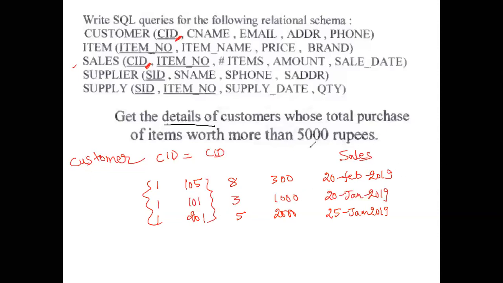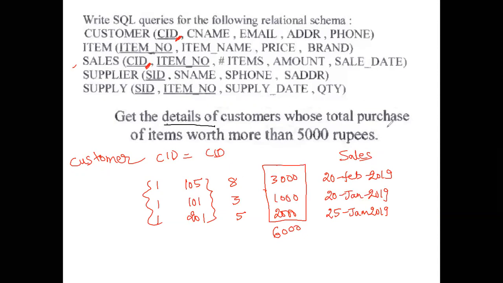So the date doesn't matter. Here, for the amount, what we have to do is sum all of it. So this person has bought 6000 worth of products. So for each customer, we have to sum all the sales tuples in order to get what amount of purchase that particular customer has made.